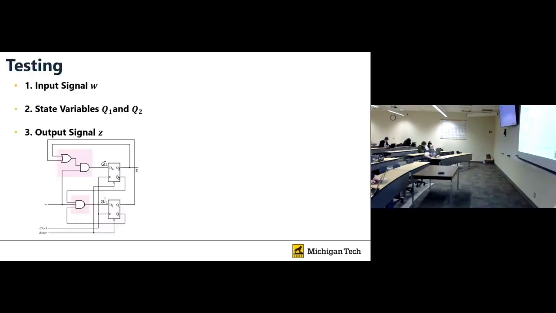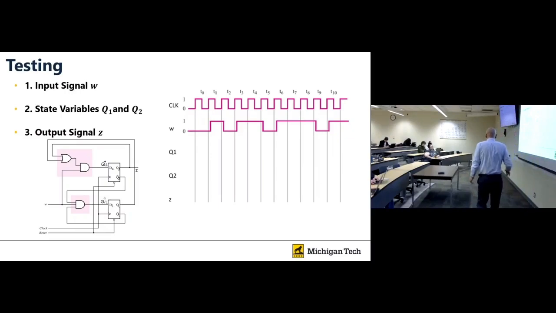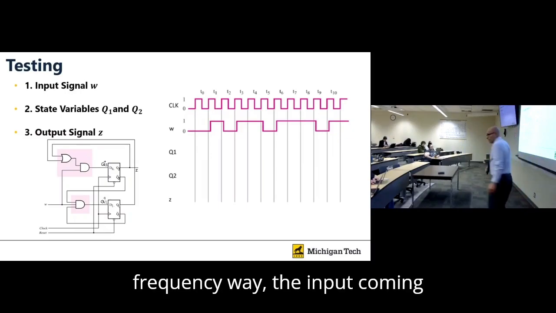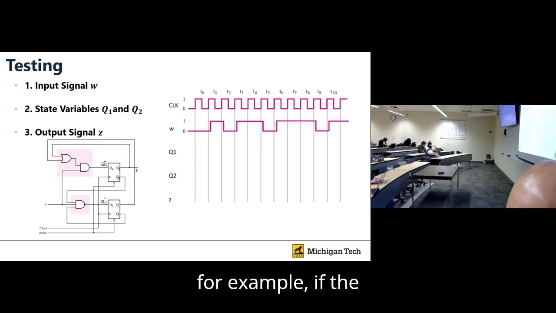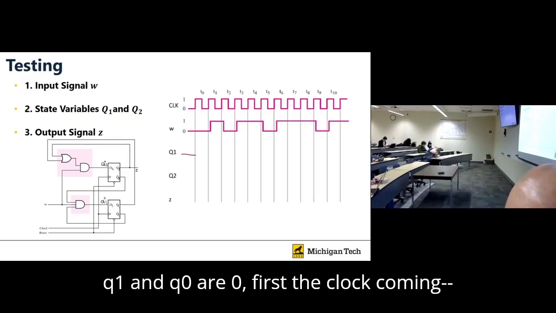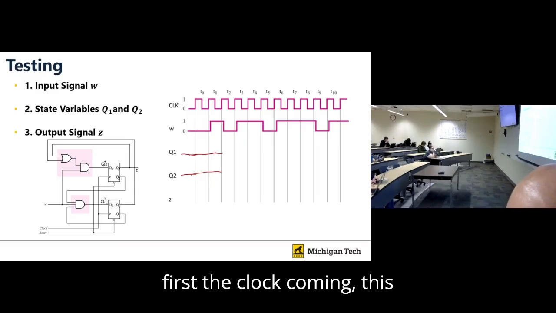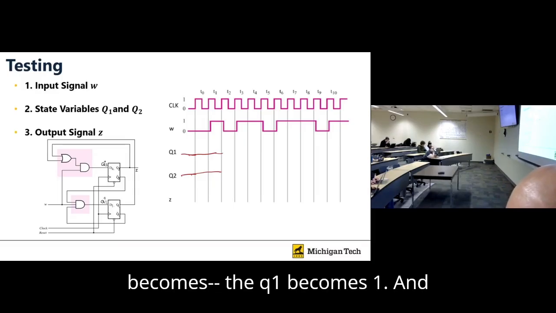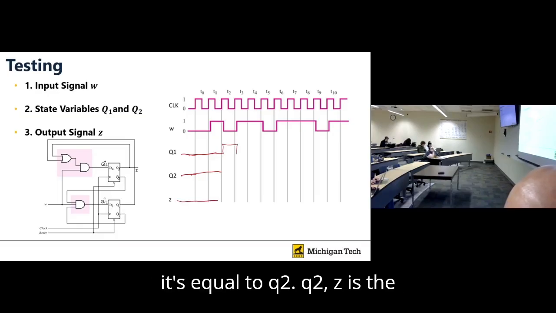Okay, that's it. For this one, we can also design the frequency way when input comes based off the clock. For example, if the Q1 and Q0 are 0, first the clock comes, and the Q1 becomes 1. And Z is equal to Q2, Z is the same.